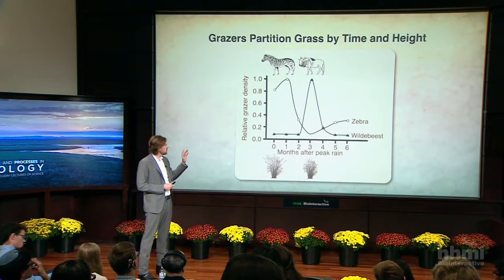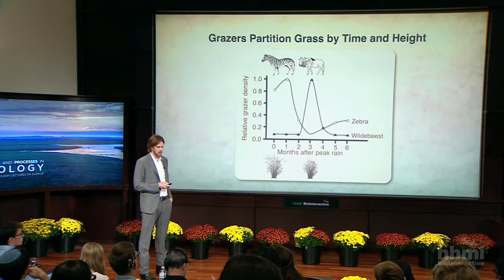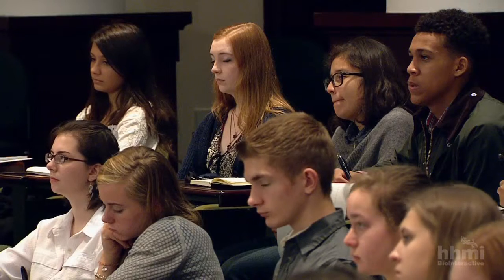They're followed by wildebeests, who prefer grass of a slightly intermediate height and slightly higher quality, because as the grass gets shorter, then we're getting to the more nutritious parts of it. And lastly, the smallest and most selective herbivore species, Thompson's gazelle, is feeding at the shortest grass that you find sort of 6 months after the rain, after the other herbivores have passed through.